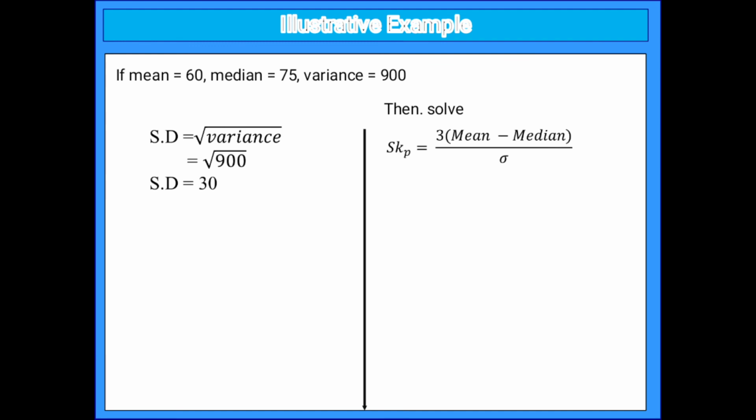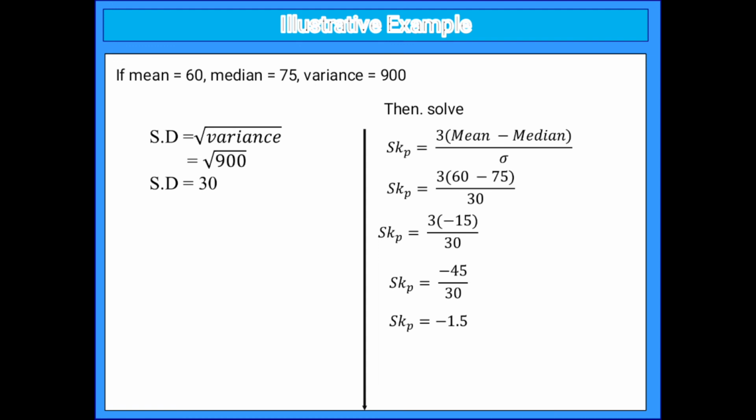We have 3 times the mean minus the median over the standard deviation. So we have 3 times 60 minus 75. Just substitute the given values and divide by 30, the computed value for the standard deviation. So we have 3 times negative 15, which is negative 45, divided by 30, which is negative 1.5.